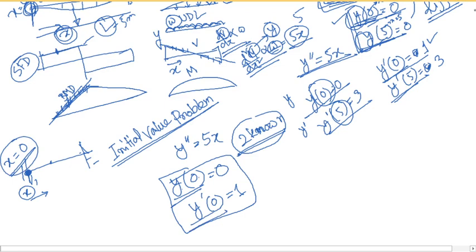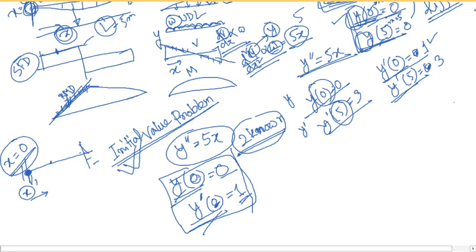So y of x when x equals 0 is 0, and y prime when x equals 0 is 1. These two values are given for solving this one. Then I will be calling this an initial value problem, where the point value will be only one point.